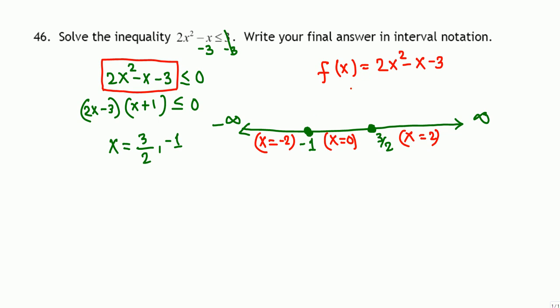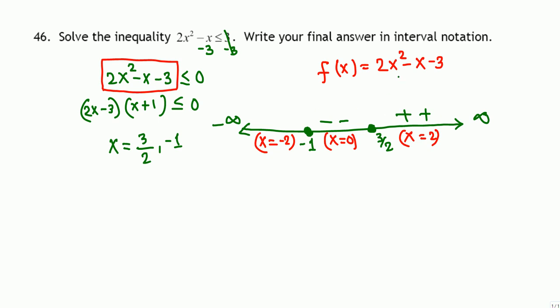Plug in 0 because that's easy. 0 minus 3, so we'll get negative 3. I just write negative. Okay, negative number, 2 or 3 doesn't matter, just a negative number here. Plug in 2. 2 squared is 4, 2 times 4 is 8, 8 minus 2 is 6, minus 3 is 3, that's positive 3, so we'll get a positive value.